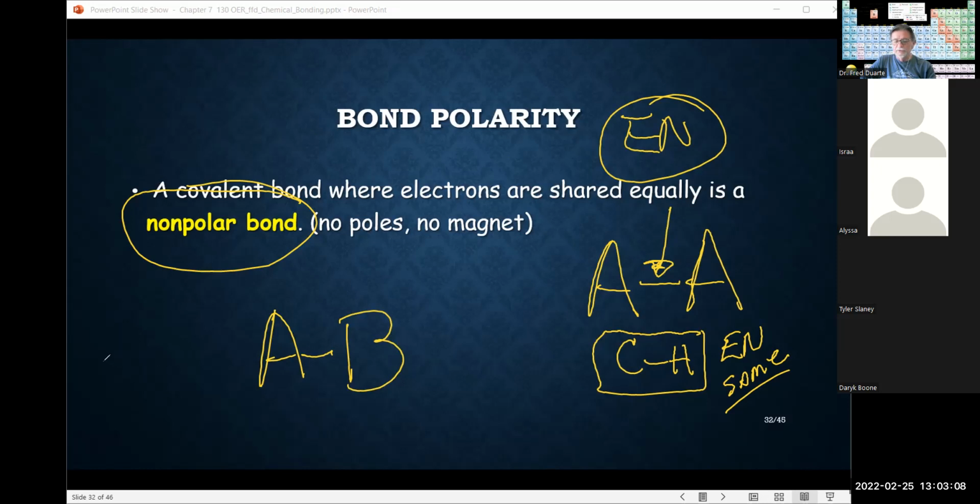That results in a polar bond because there is an unequal sharing of those electrons, unlike the A-A where there's an equal sharing.